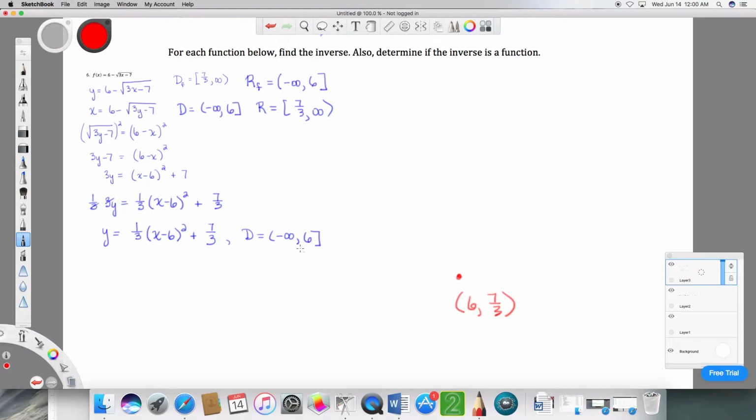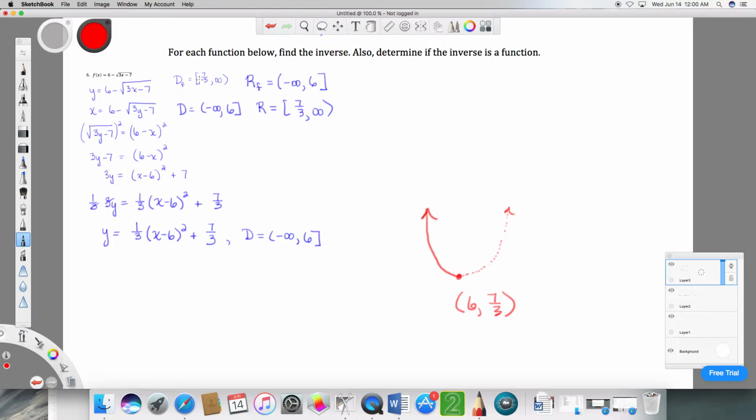With the domain being from negative infinity to 6, that's the left-hand side of this parabola. For values of x that are bigger than 6, the right half of this parabola, we've thrown it out.